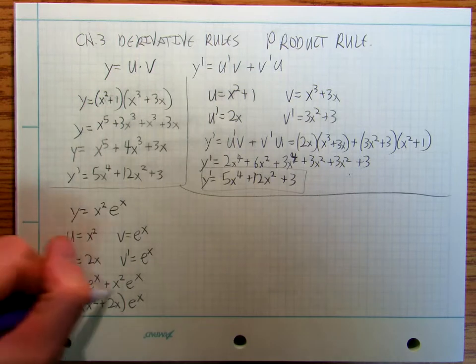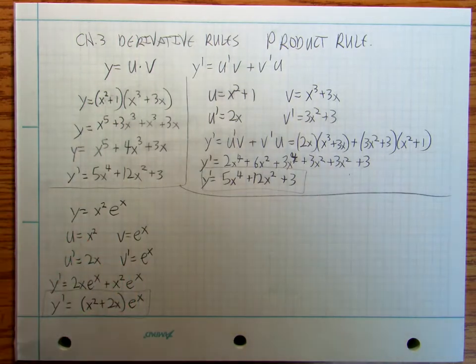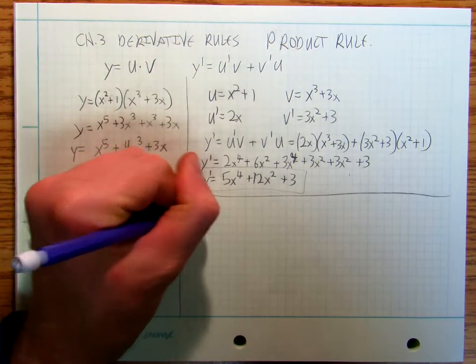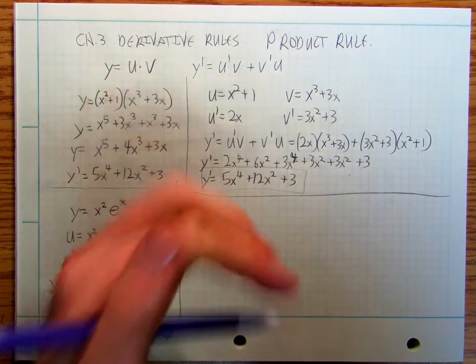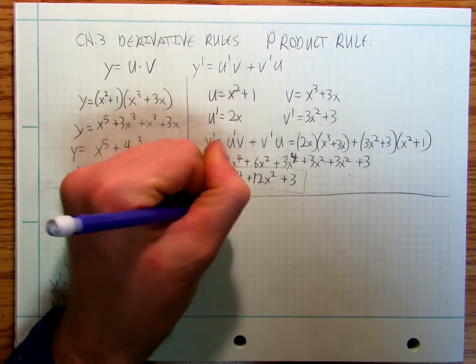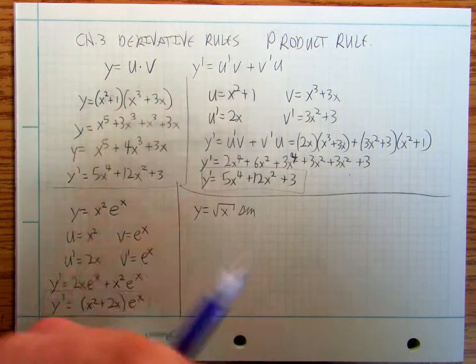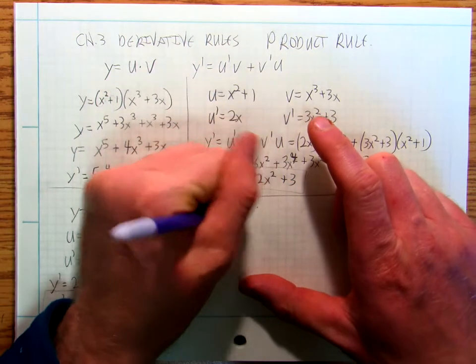And that's what I'm going to say is my answer. Okay, another one. Let's do y equals square root of x times tangent x.